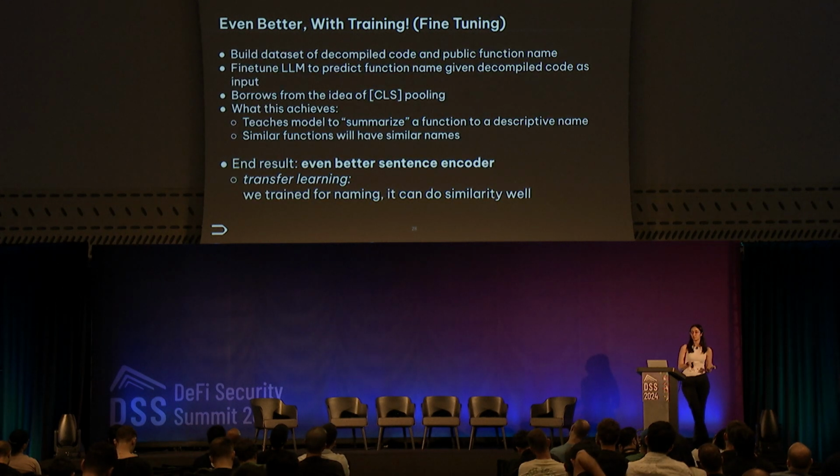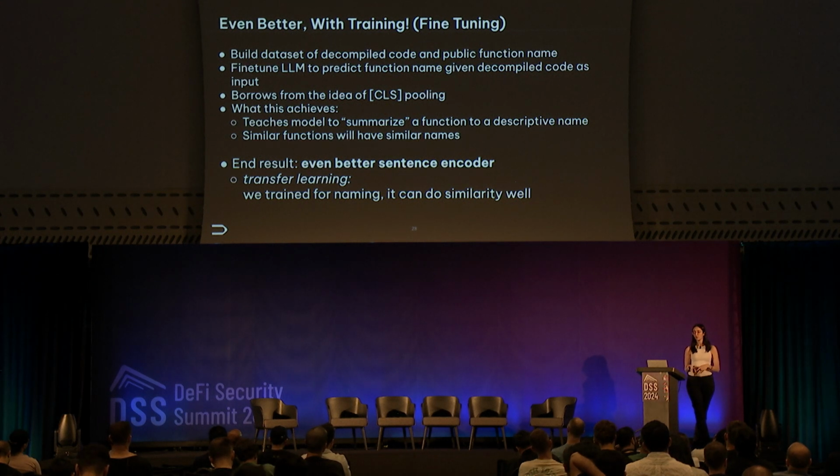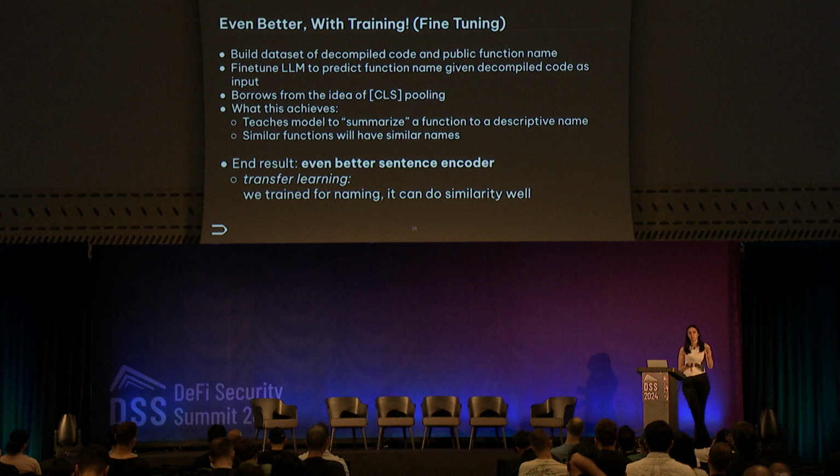As you can imagine, having the name of a function tells you a lot about a function. If I tell you these two functions have the same name, you're going to guess they do similar things. So we thought, what if you train an LLM to predict what the name of a public function is going to be based on the decompiled code, which already has a lot of information about it, and then use the internal state of that LLM as an embedding?